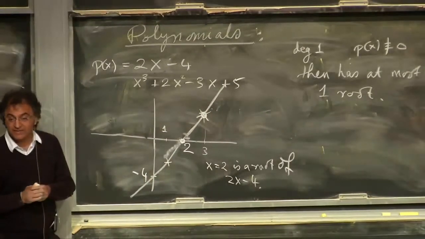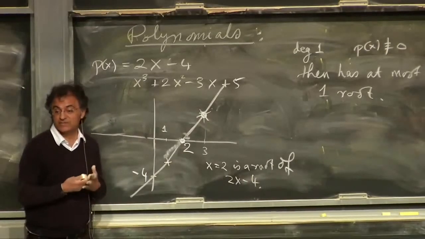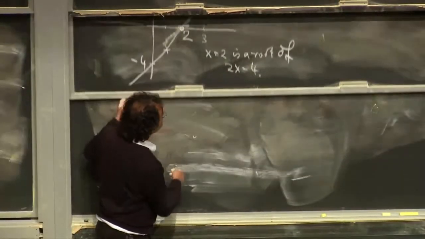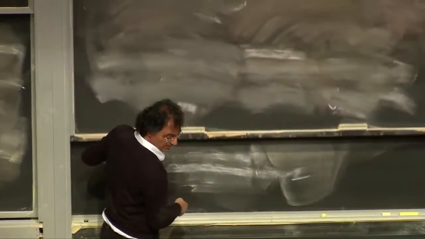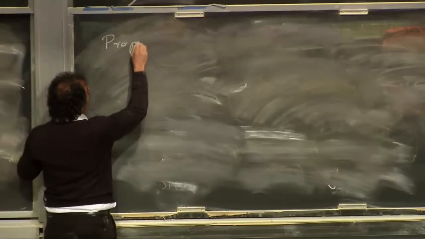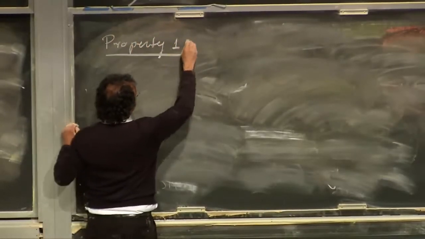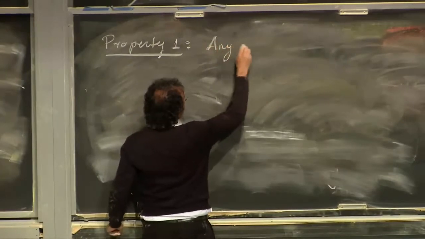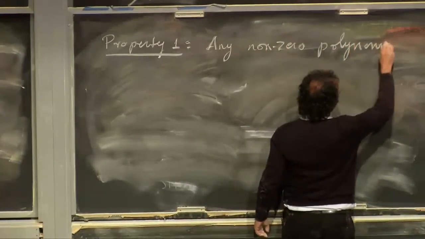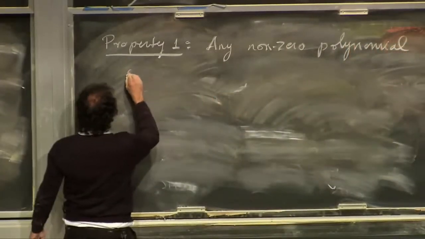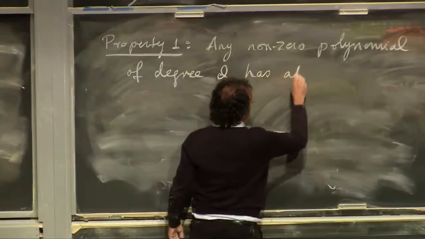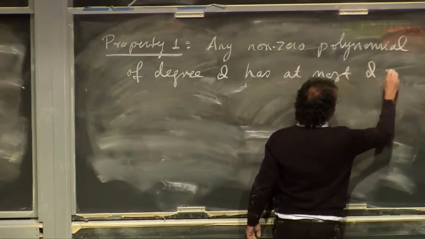Now, it turns out that these 2 properties are fundamental properties of polynomials, and they hold for any degree. Okay, so there's property 1: any non-zero polynomial of degree d has at most d roots.